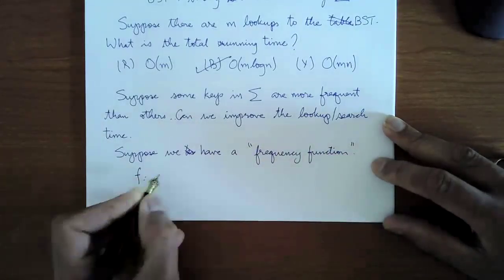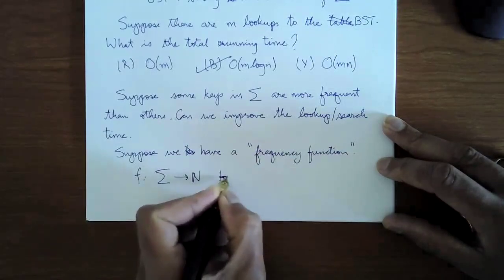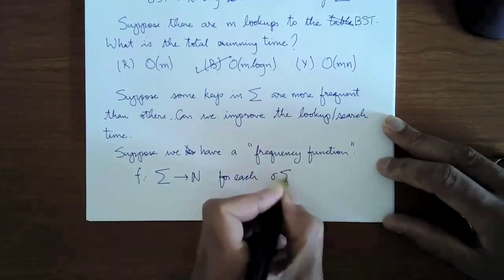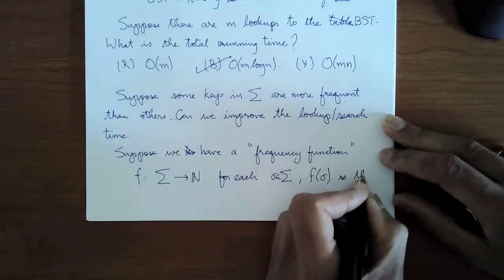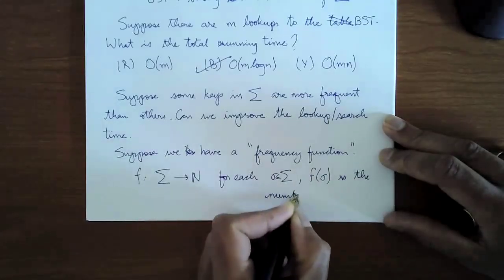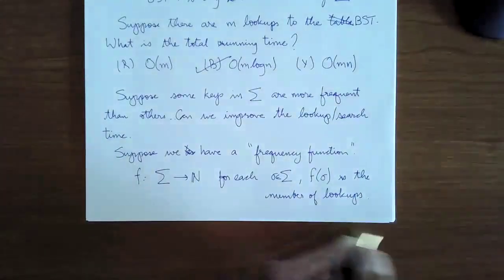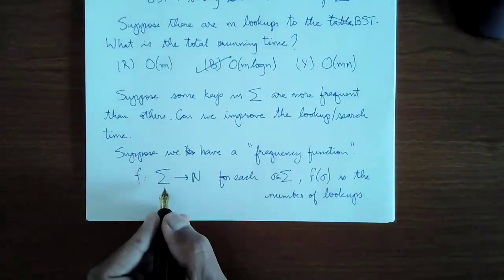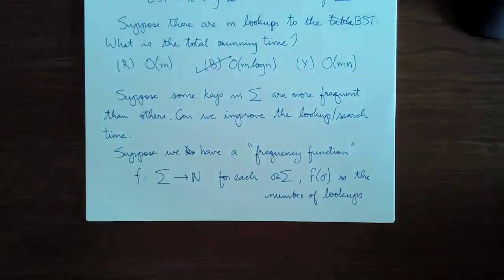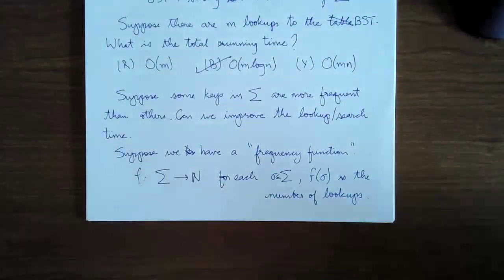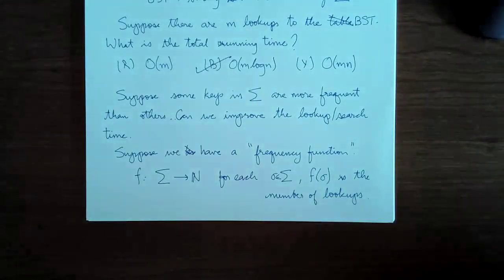So what I mean is we have some function that says, for each little sigma in sigma, the number of lookups. Suppose you already know this, and maybe you find this from past data. For every character, that's like every user, you know how many times they're going to log in, maybe over a month. Based on past data, you have a pretty good estimate of this. Okay, so that's the number of lookups.